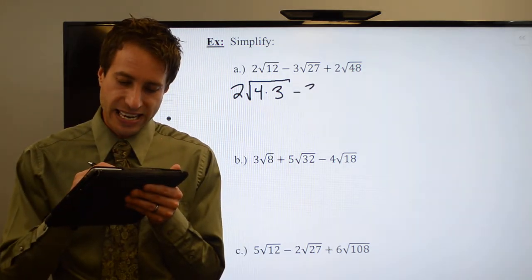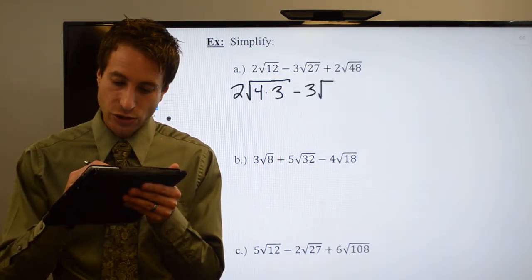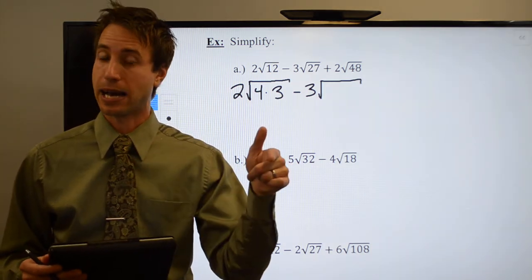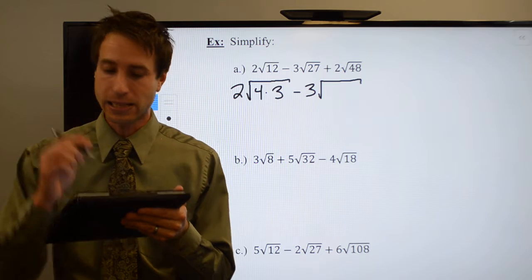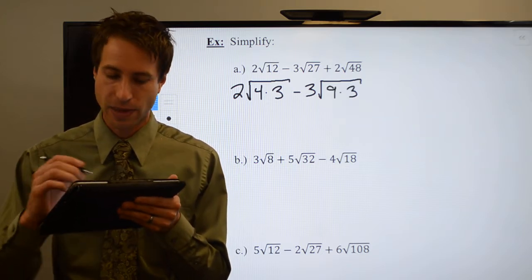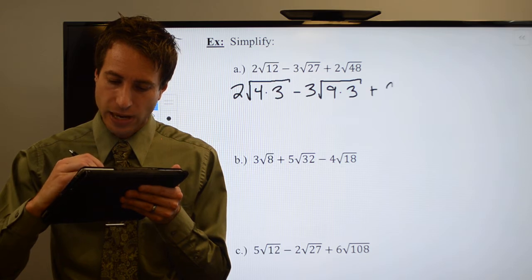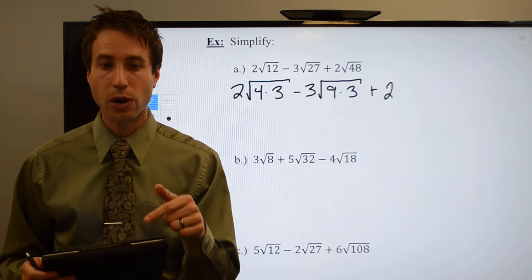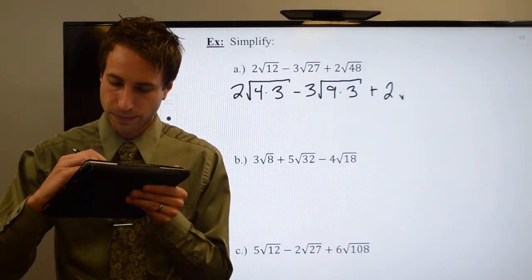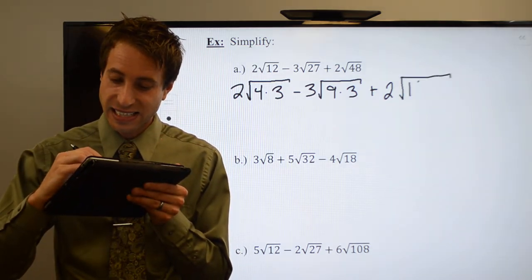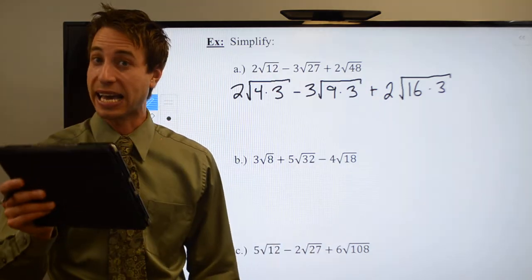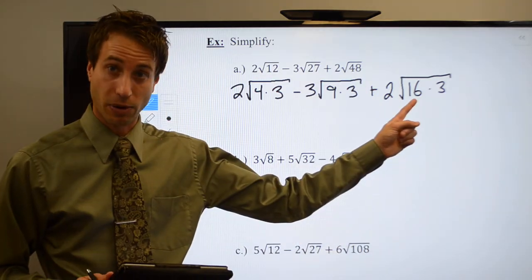I can rewrite the next one as the square root of, well, 27 is 9 times 3, and 9 is a perfect square, so we'll do 9 times 3. And I can rewrite the next one as 2 times the square root of 16 times 3. 16 times 3 is 48, and 16 is a perfect square.